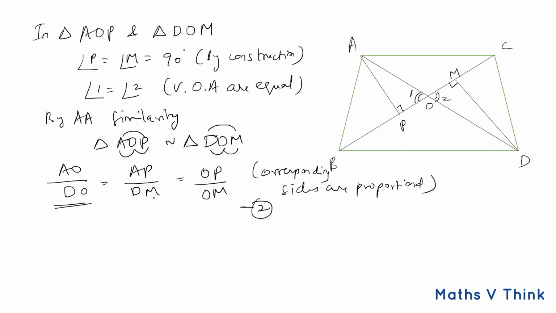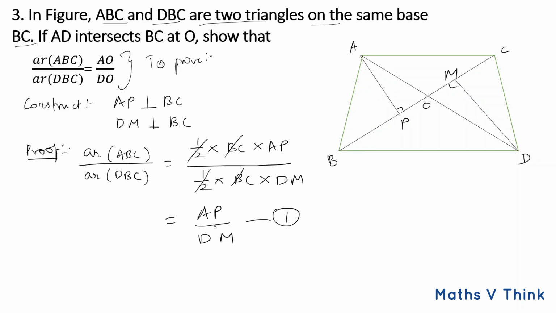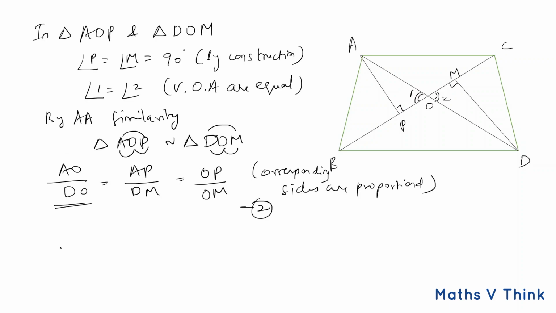Now I got AP by DM is equal to AO by DO. So this information I will be substituting here. In place of AP by DM, I will be substituting AO by DO. Area of ABC divided by area of DBC is equal to AP by DM.